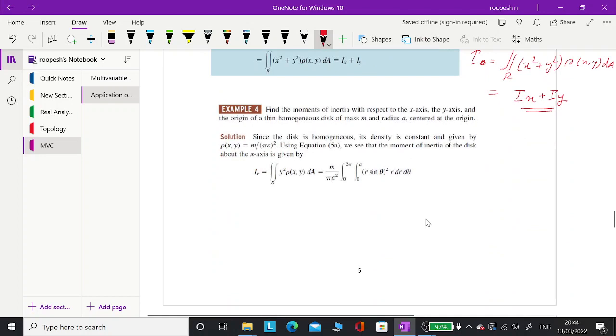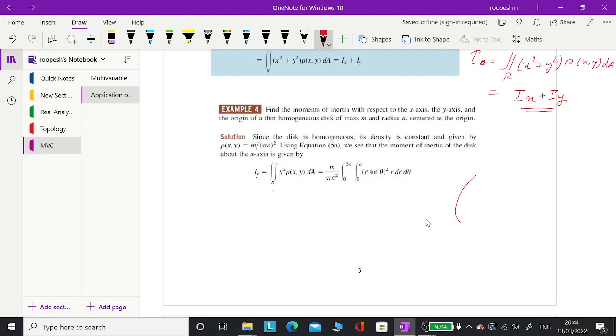Find the moments of inertia with respect to the x-axis, y-axis and the origin. Okay, everything they have asked. So with respect to x-axis means double integral over r, we want to find what is the density function, right? Of a thin homogeneous disk of mass m and radius a centered at the origin, right?